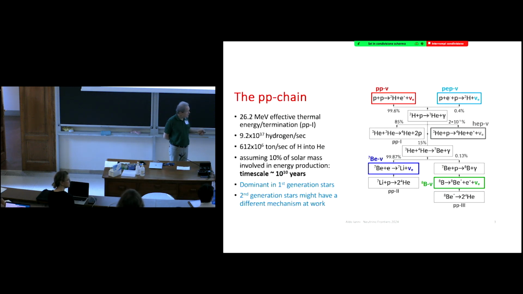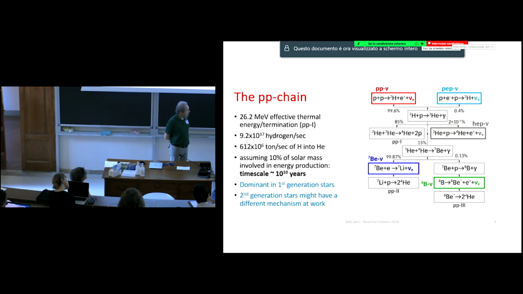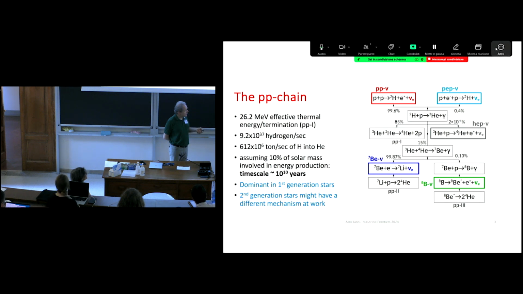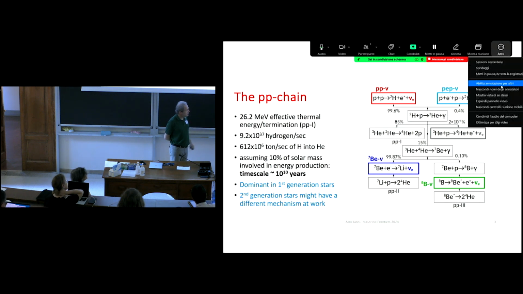So the PP chain is this set of reactions, which I'm not going to discuss in detail because there will be a talk by Francesco Villante later today. In any case, as you can see, I have highlighted the processes which are producing electron neutrinos.